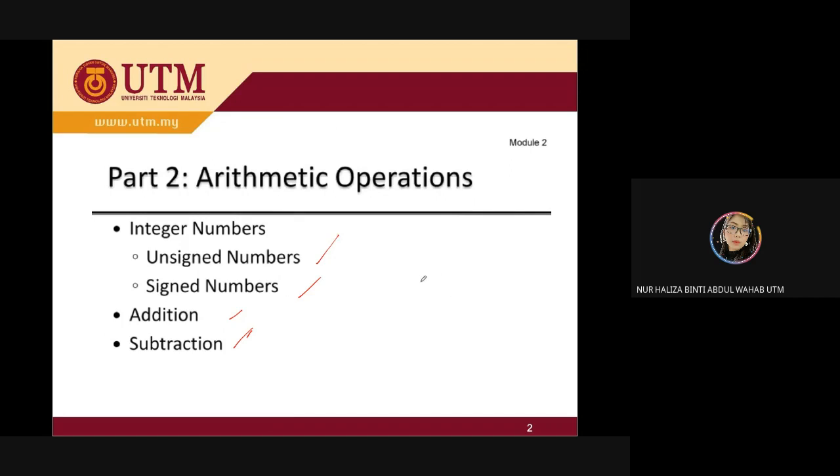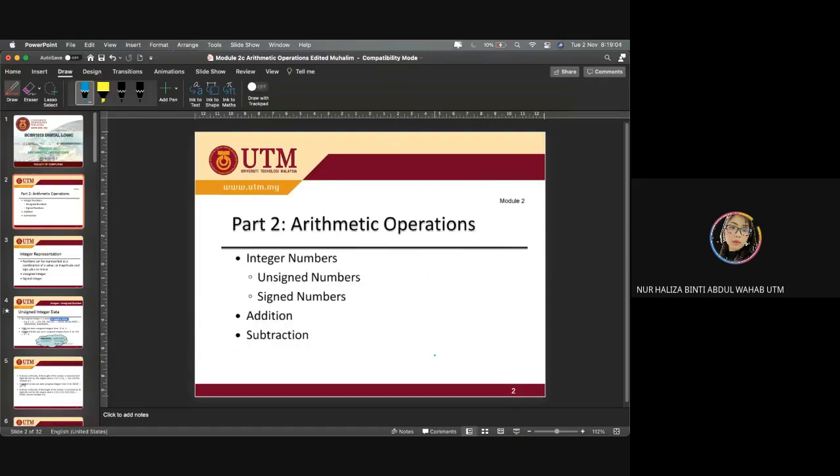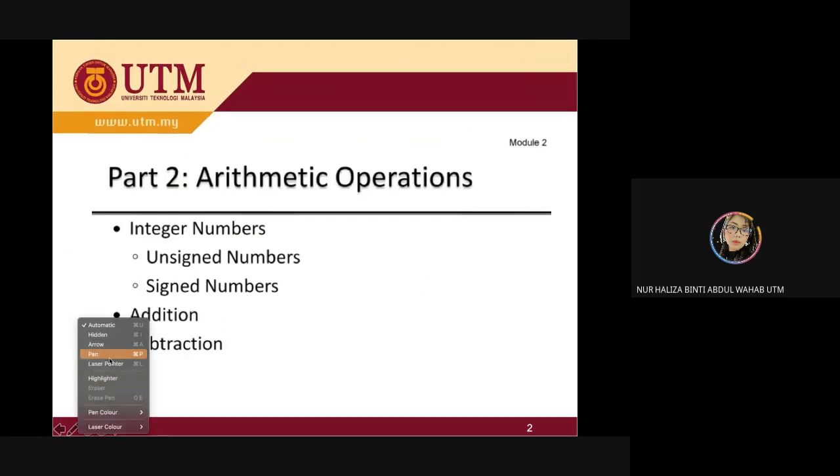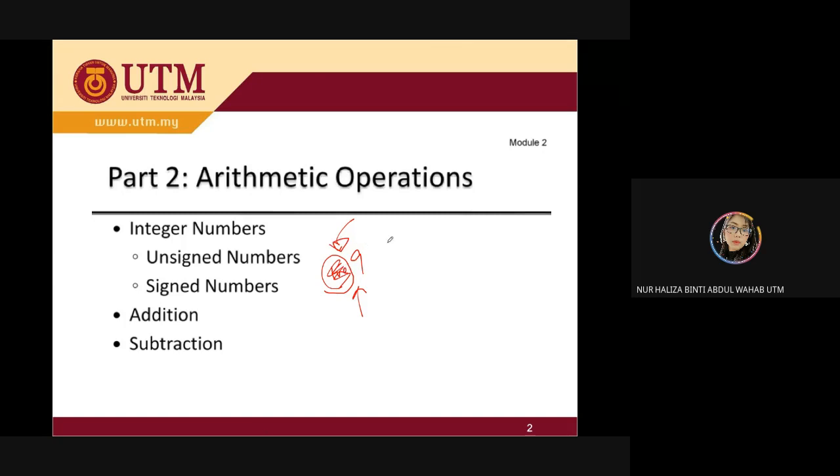For our normal numbering system, our integer, which is decimal, if we just write it down like this, we know this is 9. If there is nothing in front, we assume it as a positive number, so we don't put any symbols in front because we are already familiar.